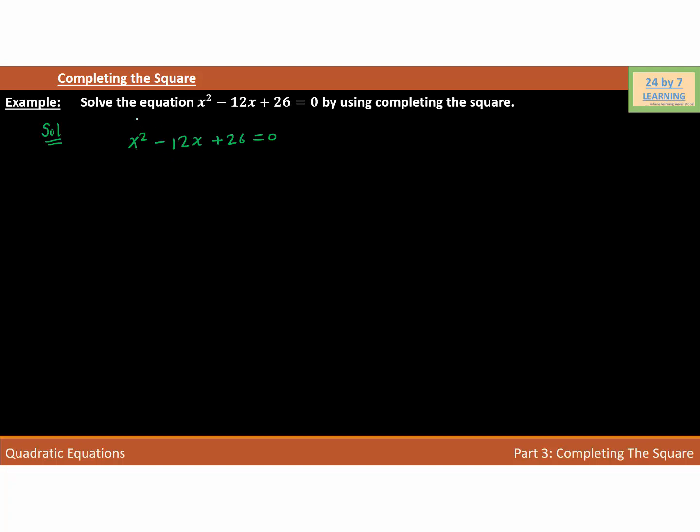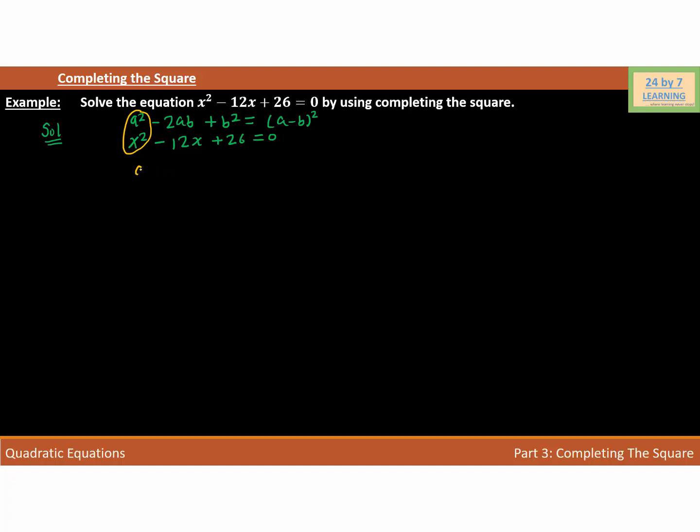So my formula is a squared minus 2ab plus b squared is equal to (a minus b) squared. I'm going to compare these two equations, and as you can see, my a squared is basically x squared.